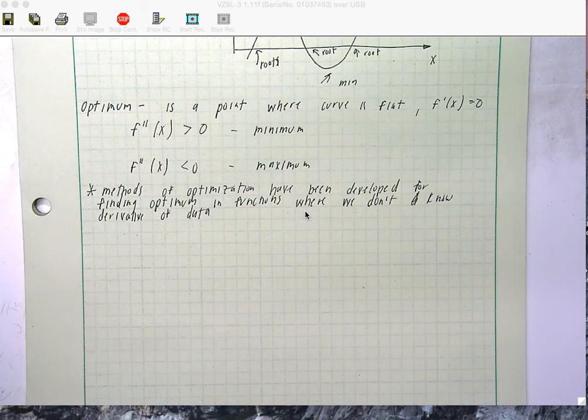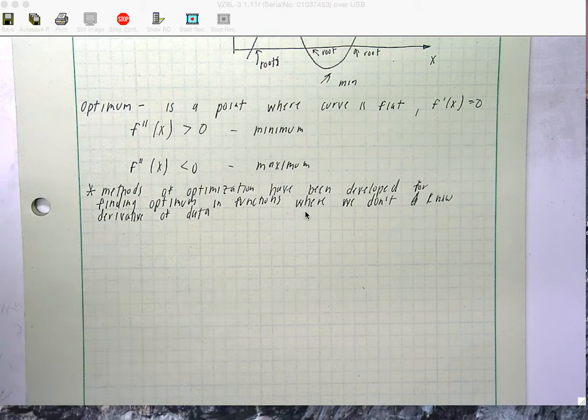So this could be from a variety of reasons, but it's mostly because you have data, you don't have analytic functions, but particularly with data that has very unpredictable behavior.